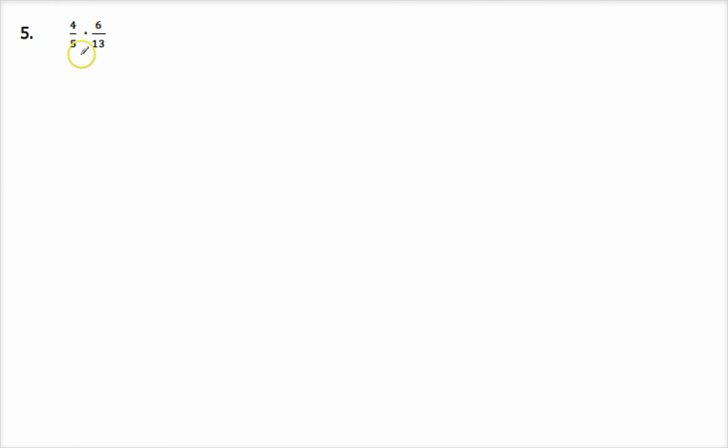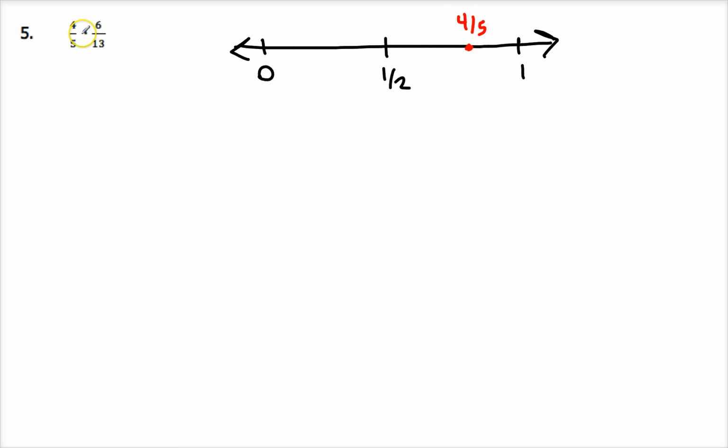Number 5, I have 4/5 times 6/13. So again, we'll visualize with the number line what these fractions are closest to. Okay, 4/5 is over halfway the distance from 0 to 1. It's going to be about right here. 6/13 is a little under halfway the distance from 0 to 1, but it's really close to halfway.